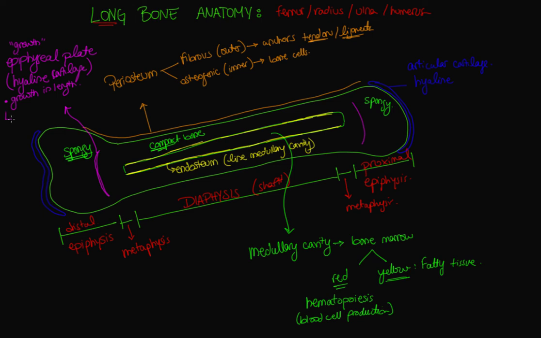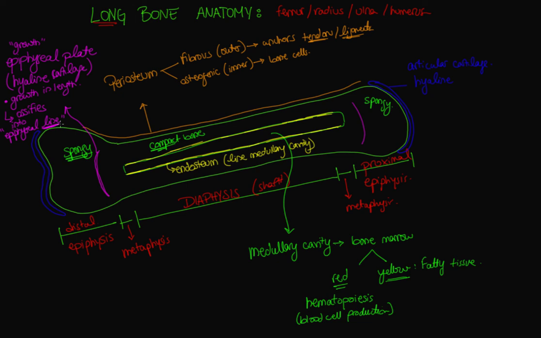Now, as the child ages and will no longer grow in length, for example as an adult, this is going to ossify into what we then call the epiphyseal line. In adults, because adult bones can no longer grow in length, this is no longer hyaline cartilage.